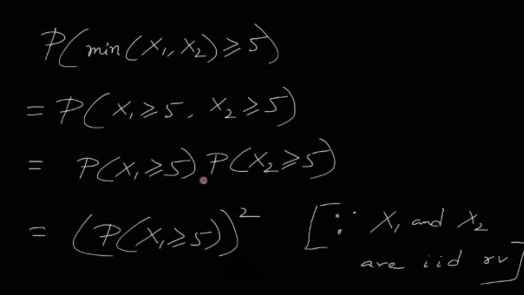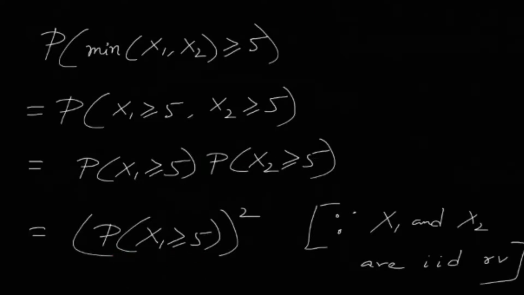That means the probability of this thing is exactly the same as the probability of this thing. So ultimately the probability of the minimum of x1 and x2 greater than or equal to 5 is nothing but the probability of x1 greater than or equal to 5, whole square.